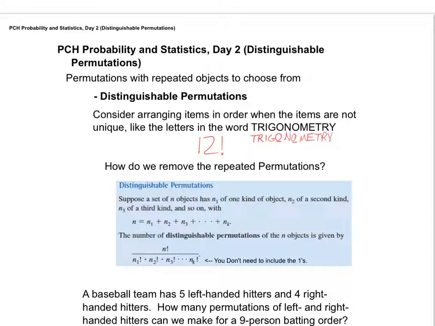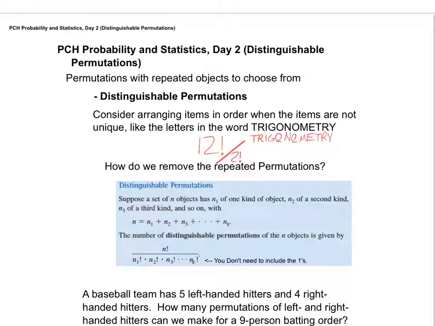We divided by the r factorial, right? Because r was how many we had. And we were just eliminating the ones that were rearranged. Well, here, notice there are two O's. So, I'm going to divide by a 2 factorial. That will eliminate the cases where I just switch the O's.